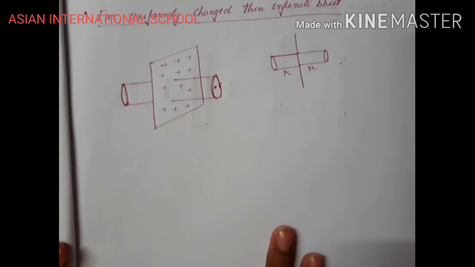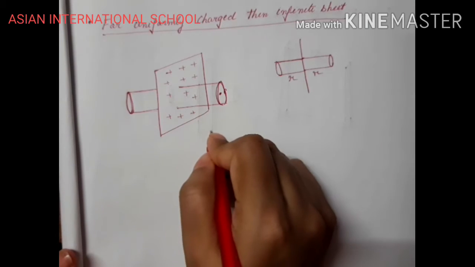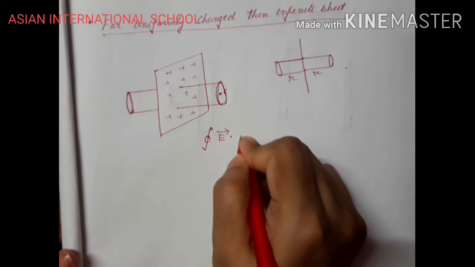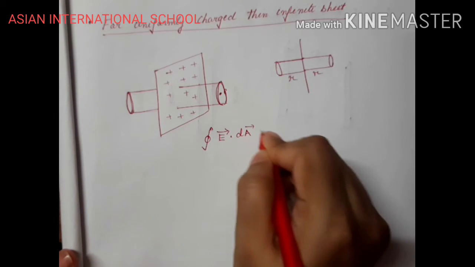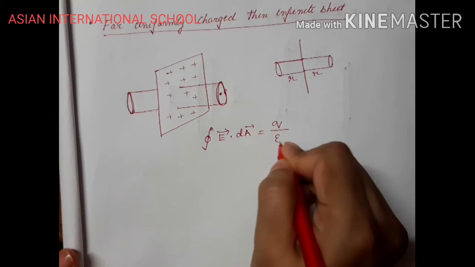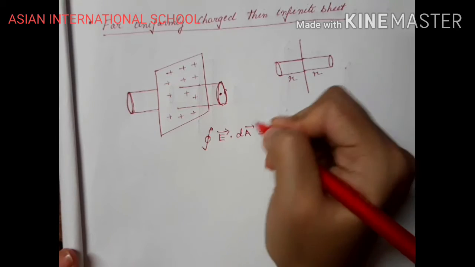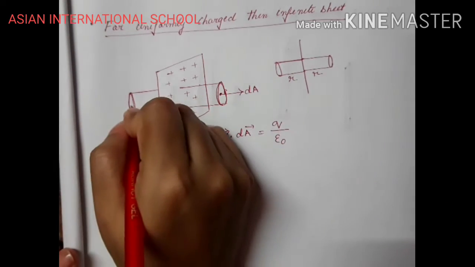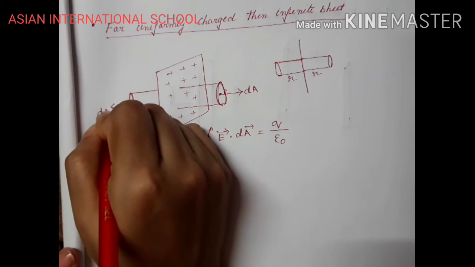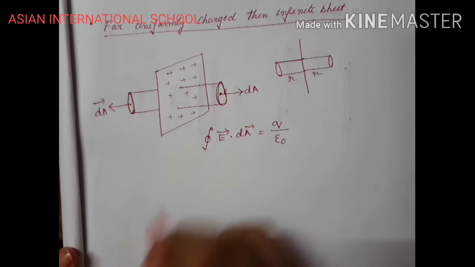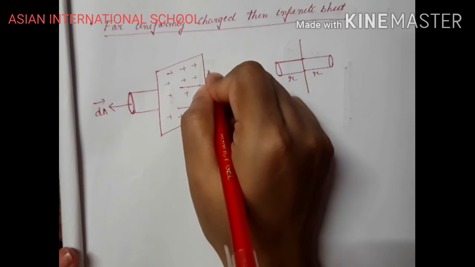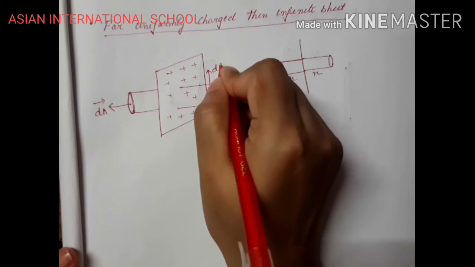Clear? So according to Gauss theorem, this is something which is known to us: integral of E dot dA equals Q by epsilon naught. Here if I consider dA as my area vector for these flat surfaces, similar to the previous one. And for the curved surface, let us consider this is the dA vector.